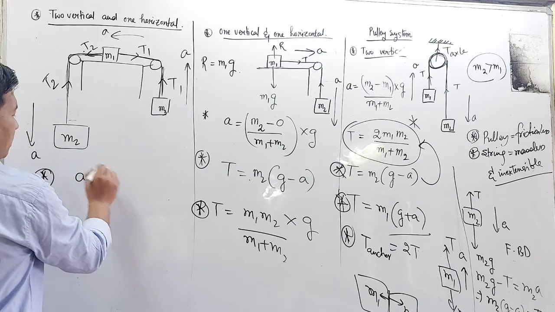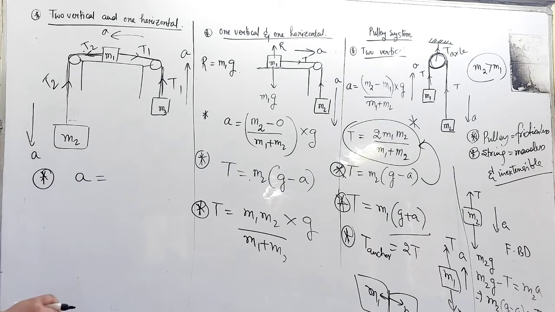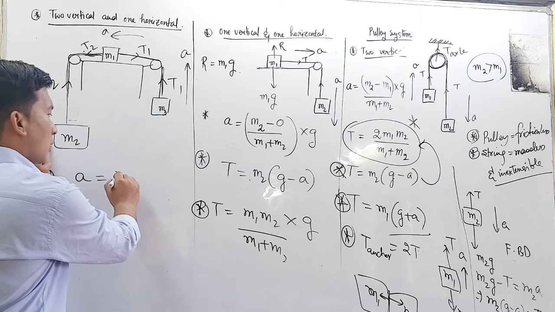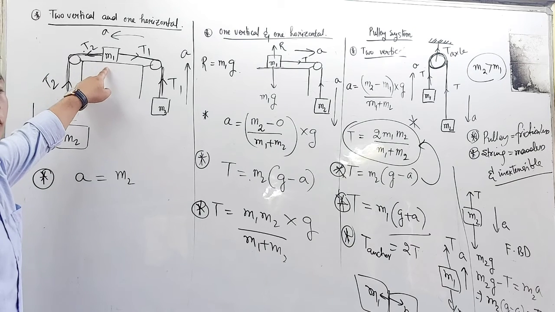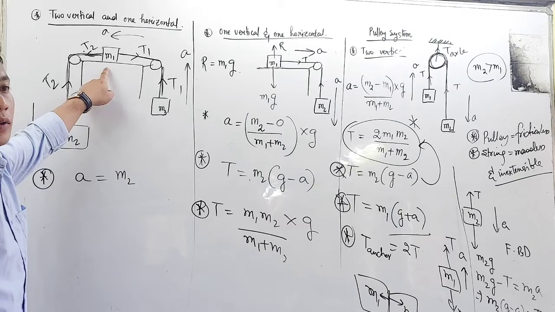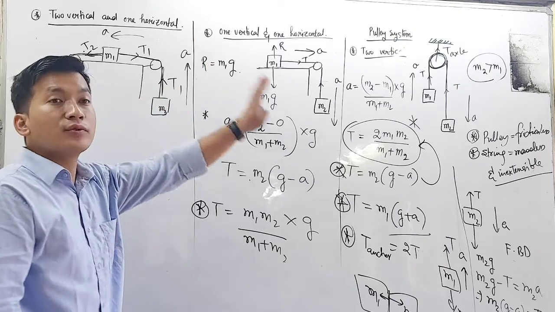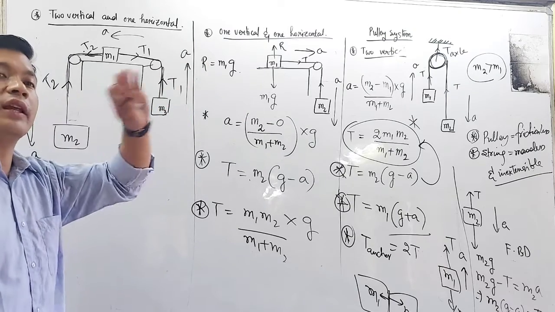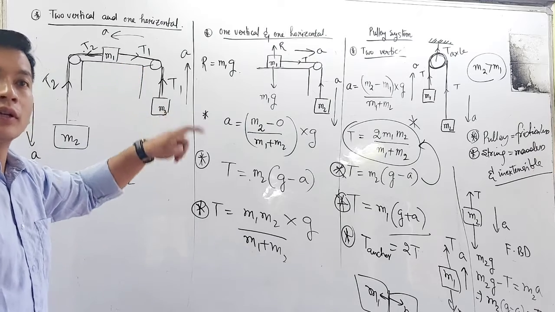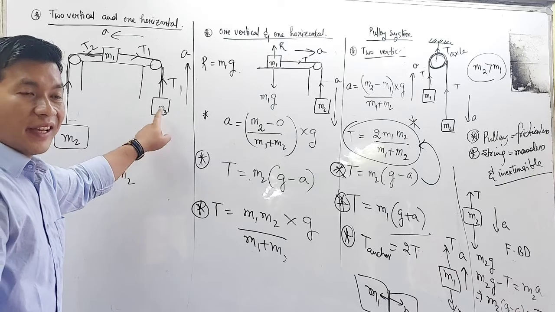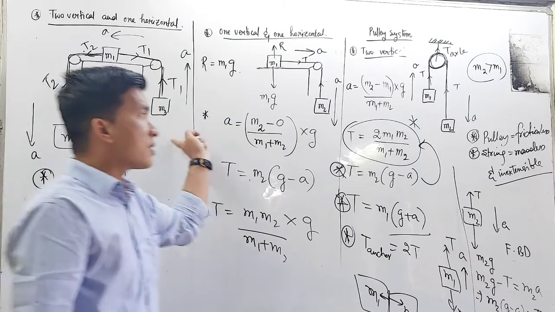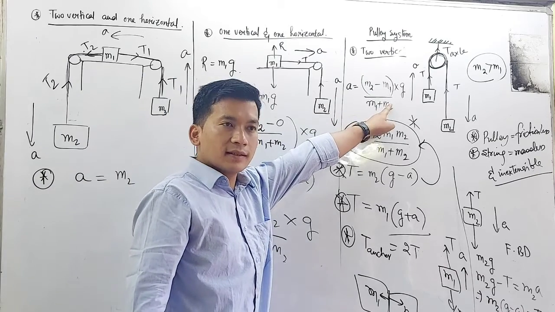Which mass is responsible for the motion? M2. Which mass will be opposing? Will the horizontal mass oppose the motion? No, the horizontal mass is neutral. However, M3 is the hanging object, just like your first case.